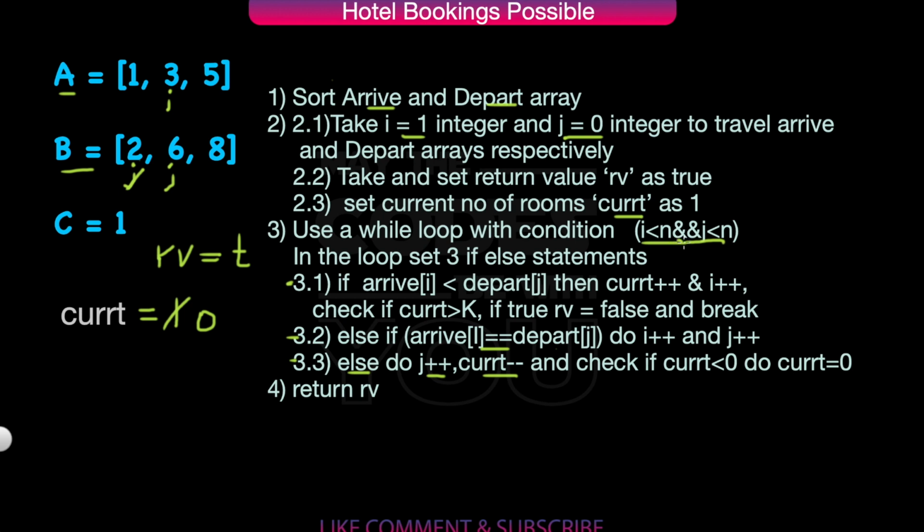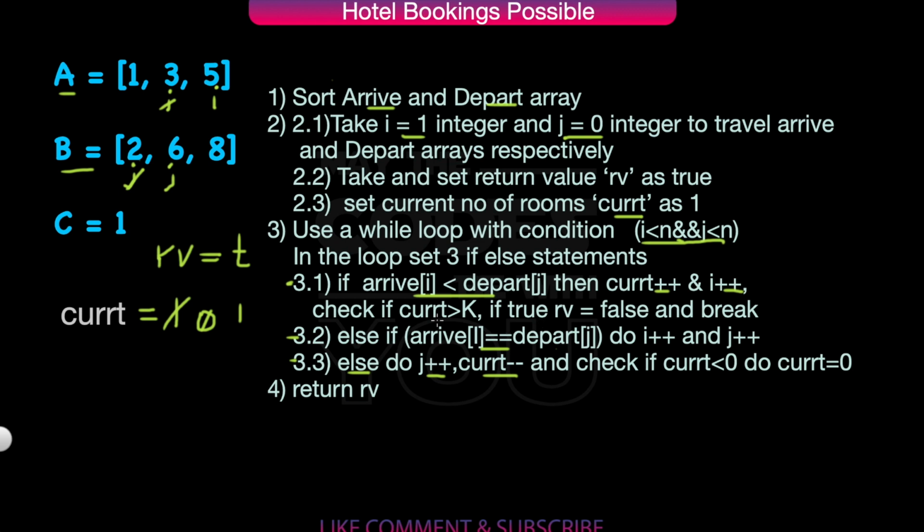Then we iterate through the loop again. Arrive[i] less than depart[j], as 3 is less than 6, so it is true. So we increment current and we increment i. It becomes 1 and i now becomes 5.